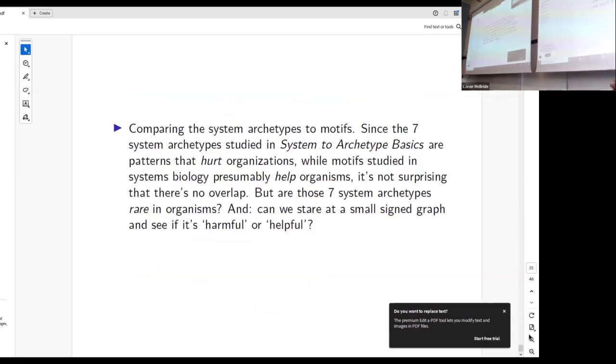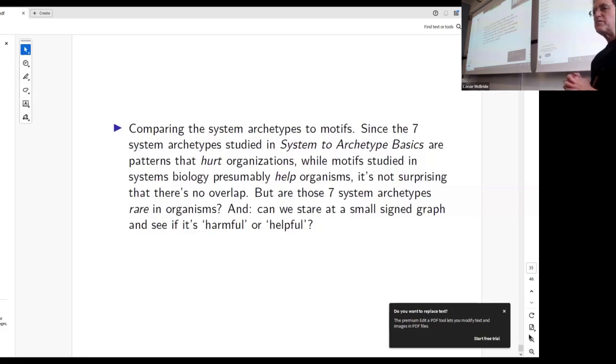This book, System Archetypes Basics, lists 7 of these, which are all evil. They're all archetypes that mean that when you have them in your system, it's going to cause trouble in some way or other. Interestingly, those are never discussed in the systems biology literature.